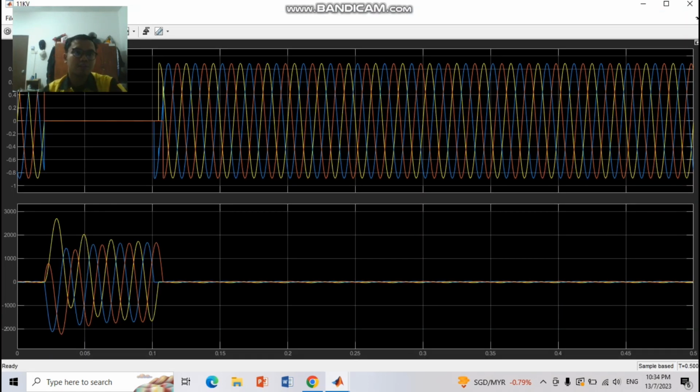The scope shows the graph of the voltage, and this below graph shows the current. For the voltage, it shows 11 kV. After we put the fault, it shows unbalanced voltage, and the current is also unbalanced.